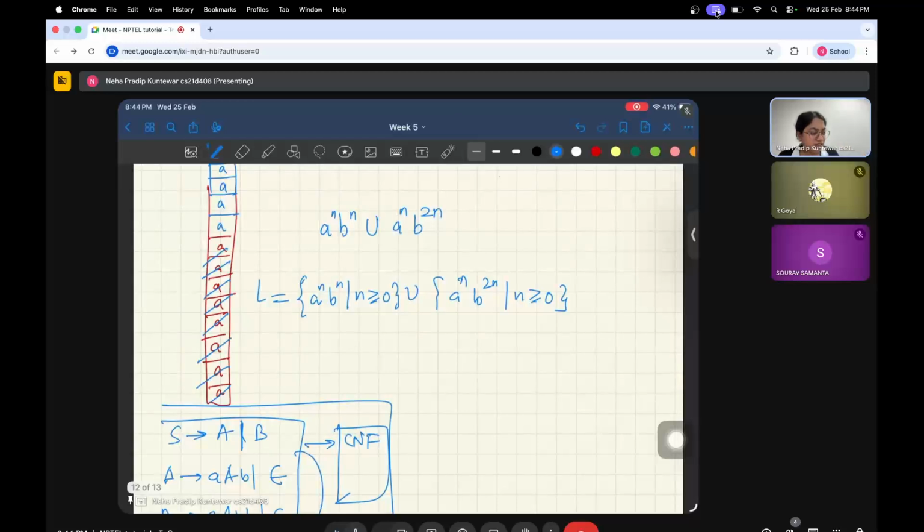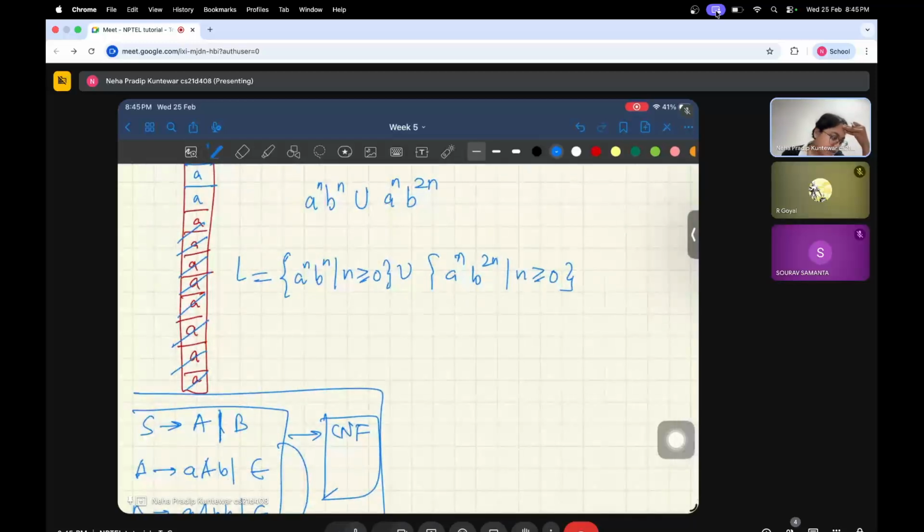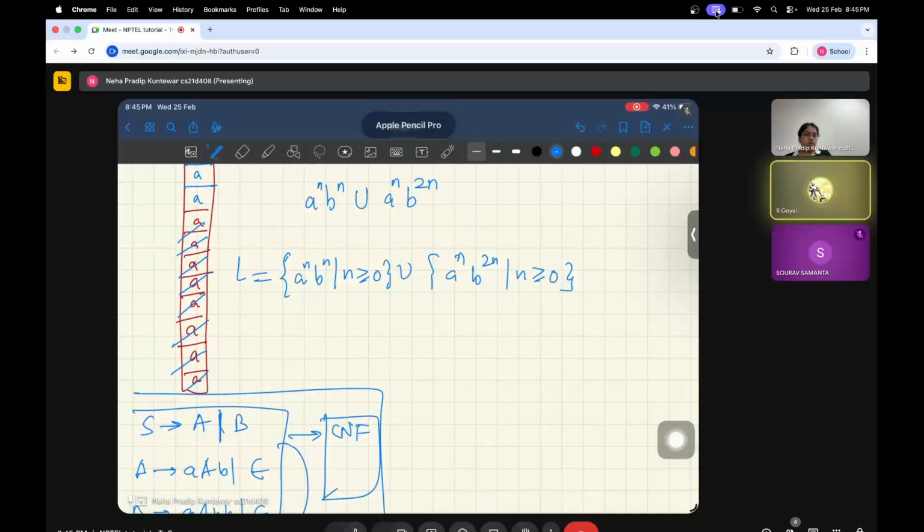Let's try to directly come up with the PDA here. At least we can design a PDA for a raised to the power n, b raised to the power n first.